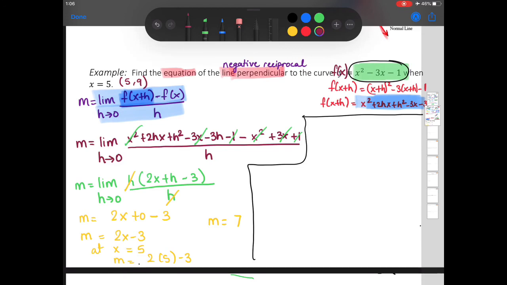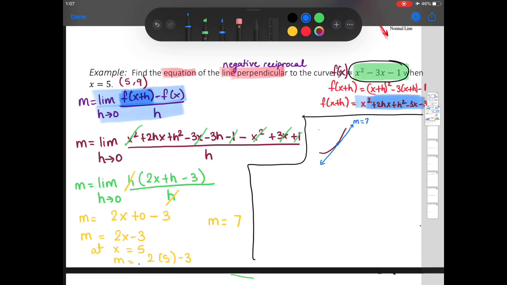So if this was my curve, I'm just going to sketch it here. And I'm going to change colors. So at this point, let's say the point was what? 5, right? So the slope of this line in blue is, I'll write that, is 7. But what am I looking for? I need the equation of the line that's perpendicular to it.